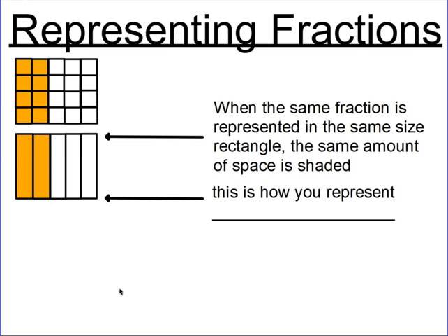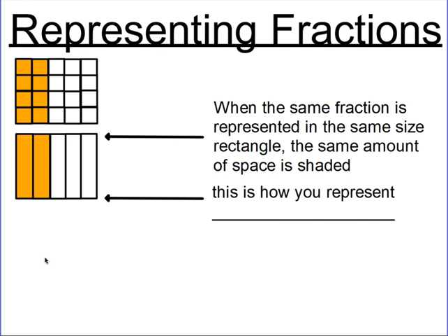So what you can see is if we took away all of those lines and you just had a rectangle there with some orange, the rectangles would be the same size, the larger rectangles, and the amount of those larger rectangles colored in orange would be the same. So here you can see the amount of orange is the same in both pictures. What this shows is that 8/20 and 2/5 mean the exact same value, but are just shown here in different ways, and in fraction form they're just written with different numbers.